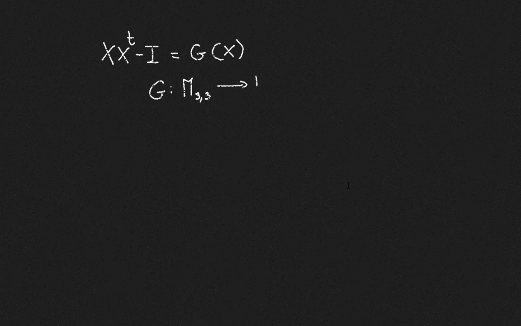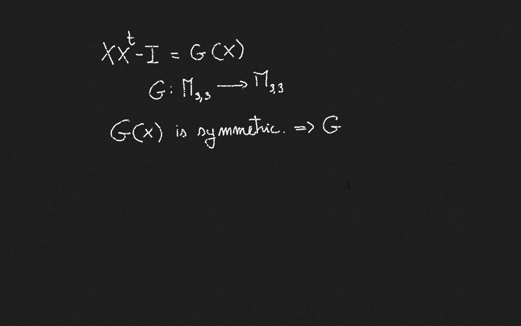So the idea here is that we take this function, which is a function from 3 by 3 matrices... Well, in principle, yes, but then G(X) is symmetric, because if you take the transpose of this matrix, you will end up with the same matrix.